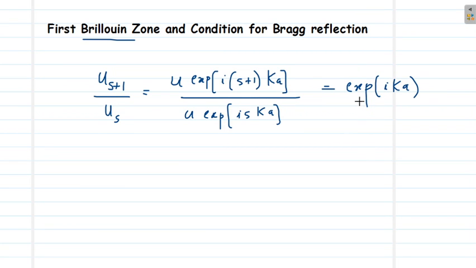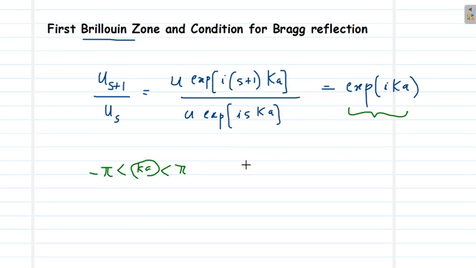Now we know that for an exponential function e raised to i times something, the independent values that this function can take lie in the range of minus pi to pi. So when Ka, the argument of this function, varies from minus pi to pi, we will have different independent values of this function.